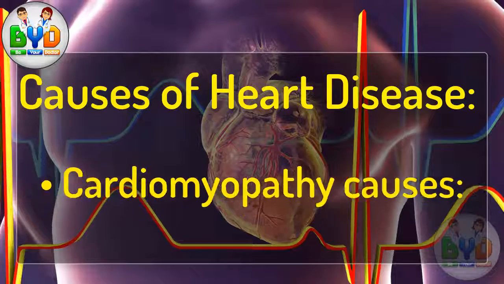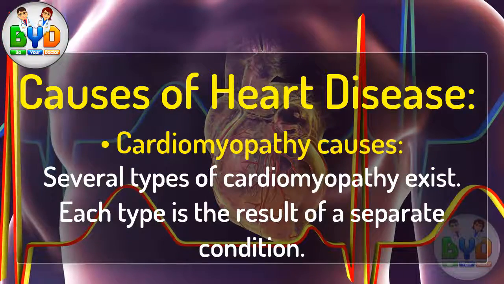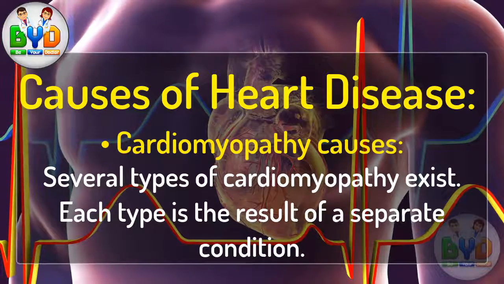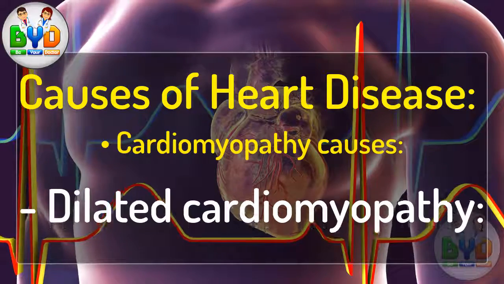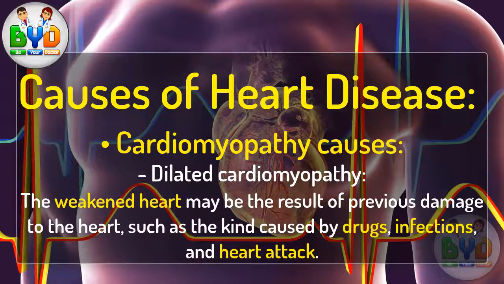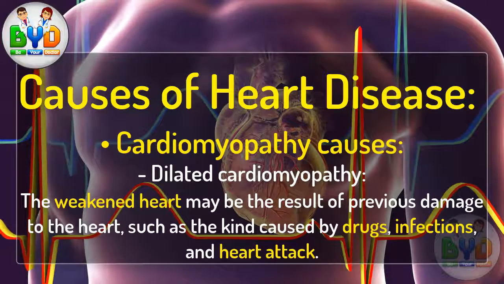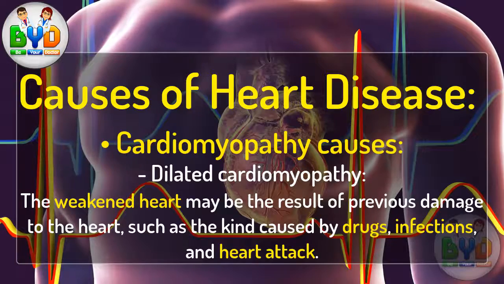Cardiomyopathy causes. Several types of cardiomyopathy exist. Each type is the result of a separate condition. Dilated cardiomyopathy. The weakened heart may be the result of previous damage to the heart, such as the kind caused by drugs, infections, and heart attack.